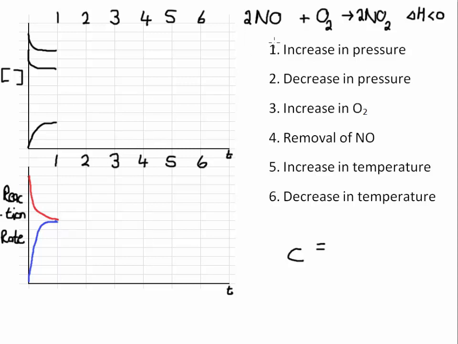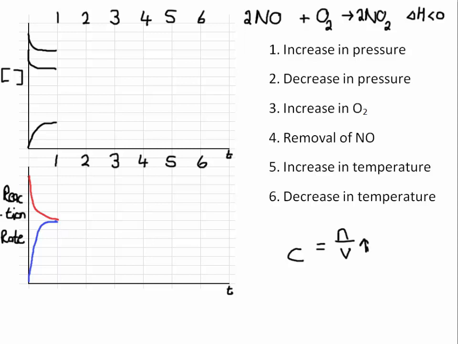Now if we look at an increase in pressure, something will happen here to our graph. Remember that there's a formula C = n/V. C stands for concentration and it's measured in mole per cubic decimeters.